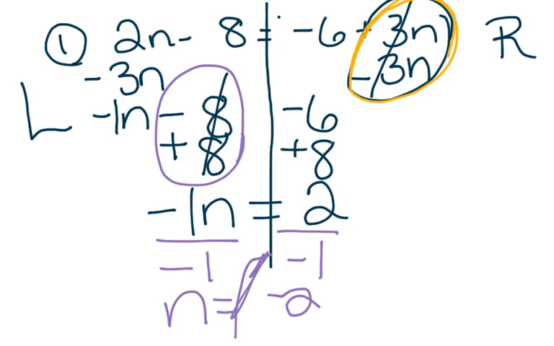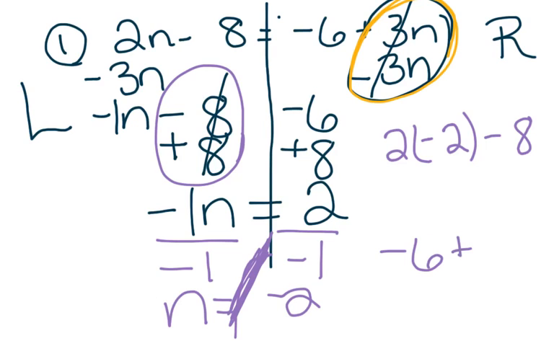Now remember, we've learned that you can always check your answers with these problems. The way you do that when there's a variable on both sides is I take the n on the left and replace it with negative 2, and the n on the right and replace it with negative 2. Here I get negative 4 minus 8, which is negative 12.